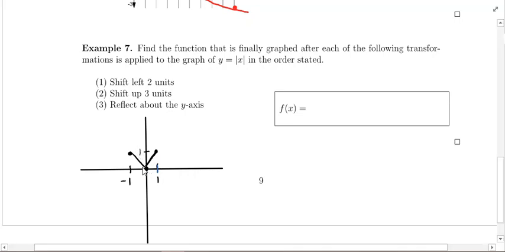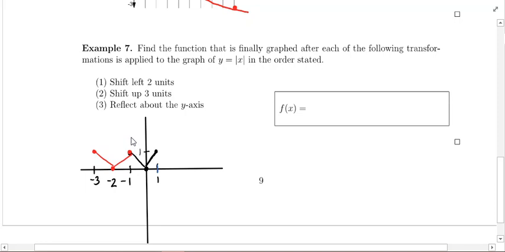So this vertex is going to go to the left 1, 2 units, which brings me to negative 2. Then the other 2 points have to shift left 2 units as well. This one goes over 1, 2, so it ends up at negative 1, 1. That's what you get after you shift left 2 units.